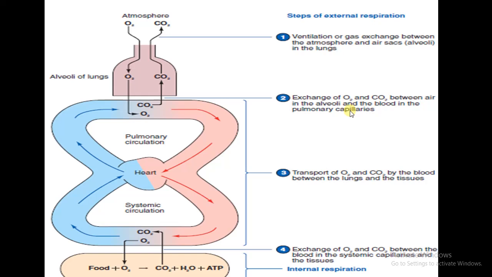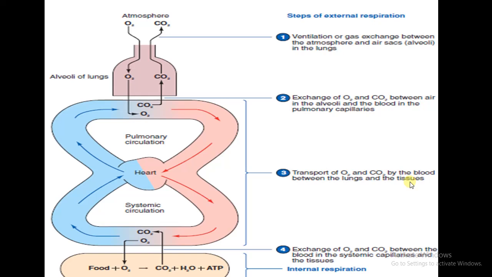This is the second step of external respiration. Then the third step of external respiration is transport of oxygen and carbon dioxide by the blood between lungs and the tissues. So what does this mean? It means when oxygen has diffused from the lungs into the blood, it must be transported to each and every cell of the body.